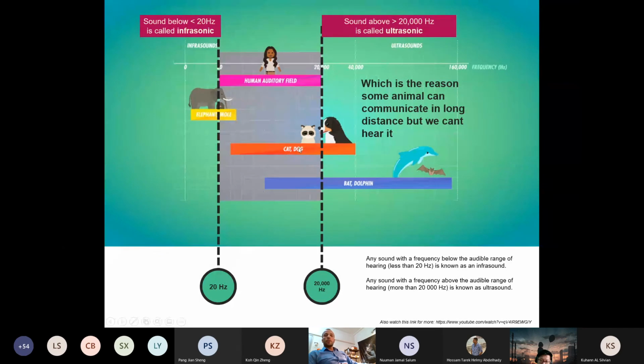Your cat can hear you well when you are talking, as you can see. But actually they can hear frequencies more than 20,000. So at these frequencies, you as a human will not be able to hear anything, but your cat and your dog are able to hear them.